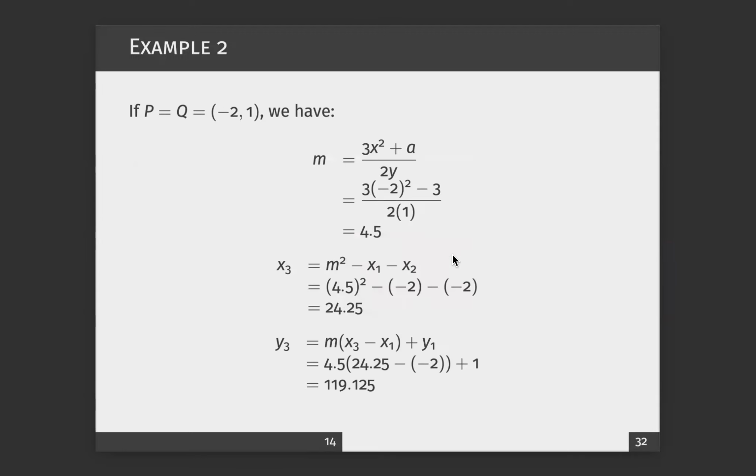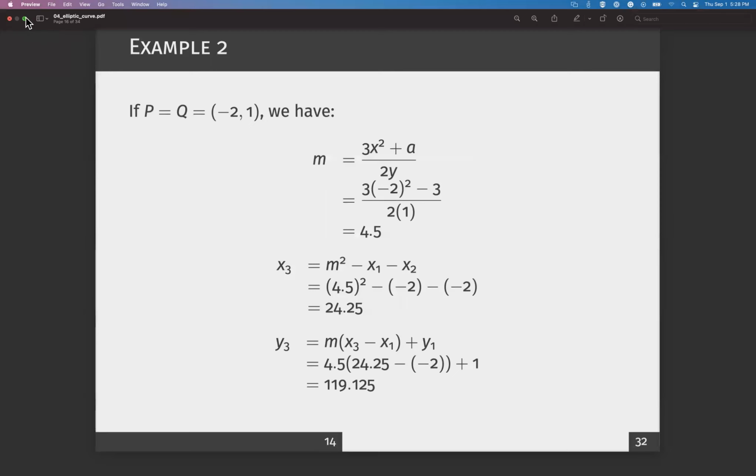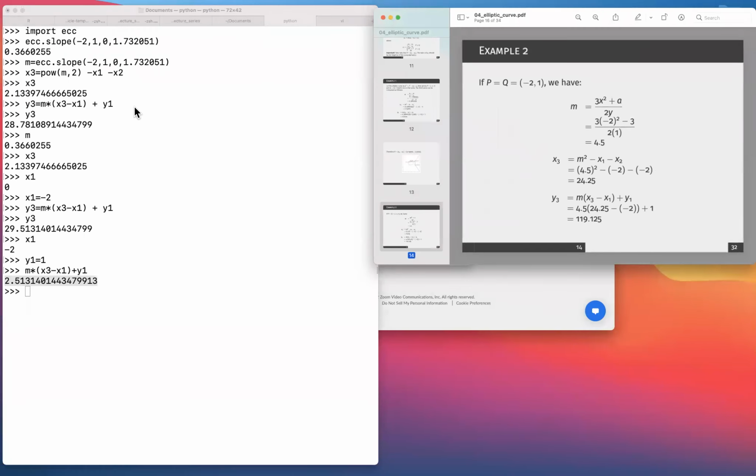Now let's have an example. If P and Q are the same point, what would happen? So if we have P and Q, x1 is equal to minus 2, y1 is equal to 1, x2 is equal to minus 2, y2 is equal to 1.